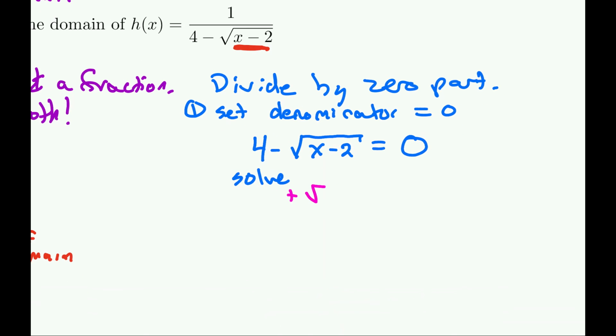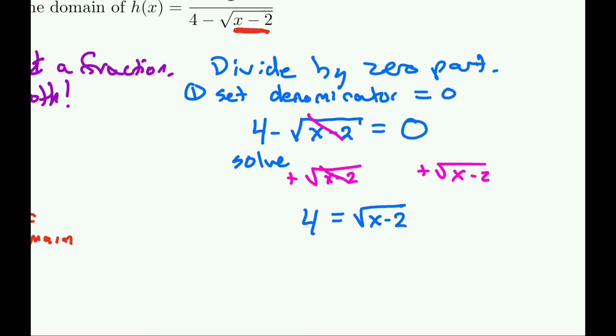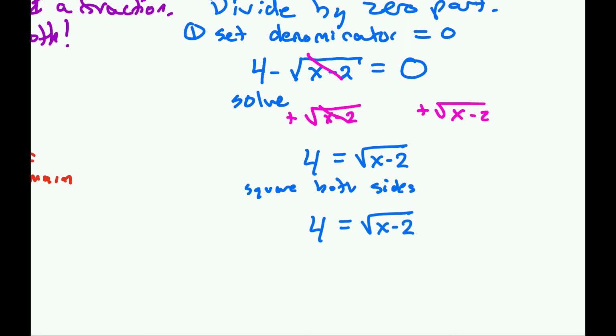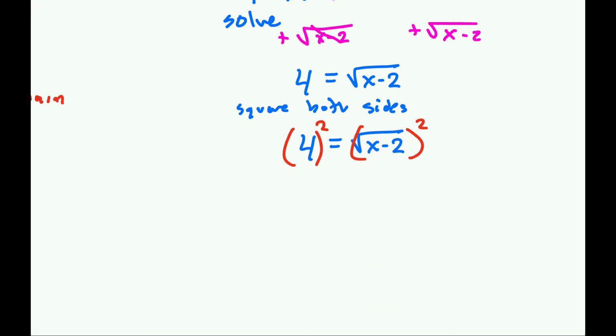If I add square root x minus 2 to both sides of this equation, right, it'll cancel. I'll get 4 equals square root x minus 2. Then I can square both sides. This side is 16. 4 squared is 16.